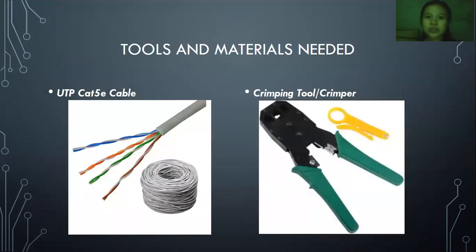So what are the tools and materials needed in LAN cabling? First, we have UTP Cat5e cable. UTP Cat5e cable or unshielded twisted pair category 5 enhanced is used as a cabling infrastructure for Ethernet. This is the most common cable used in computer networking.